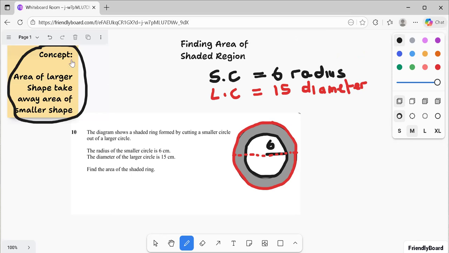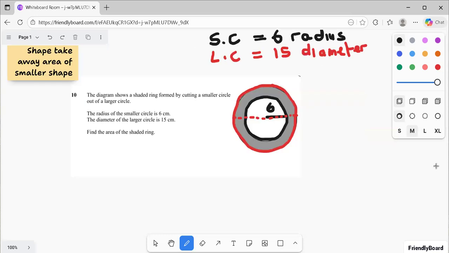So how many shapes do I have here? I actually have two shapes, the smaller circle and the larger circle.